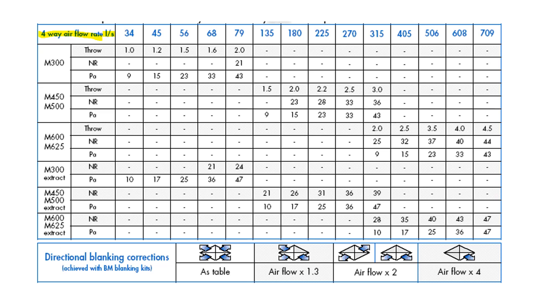For example, if you use 4 diffusers, then you will have to divide the 500 liters per second by 4. Okay, let's see the next slide first.